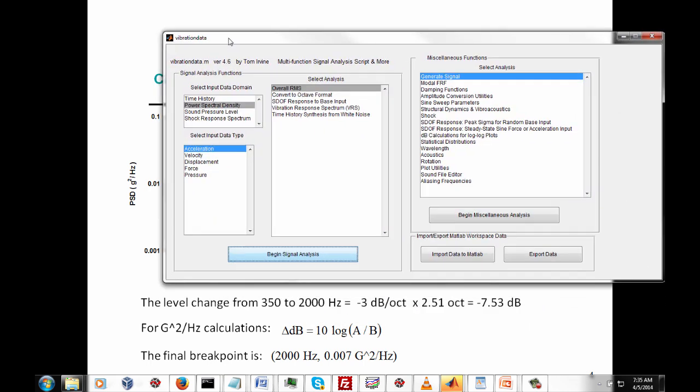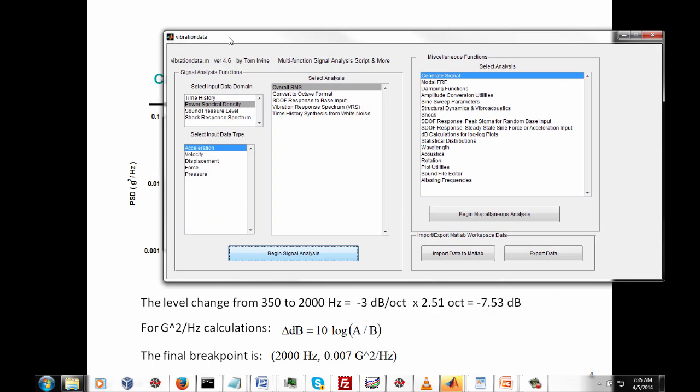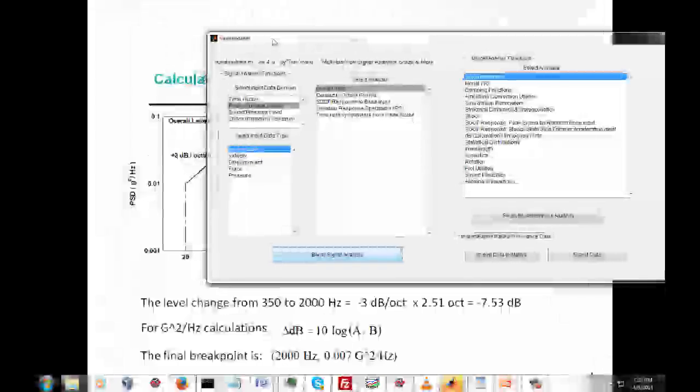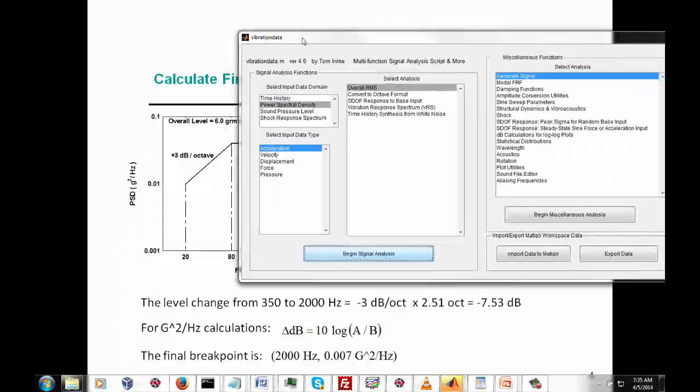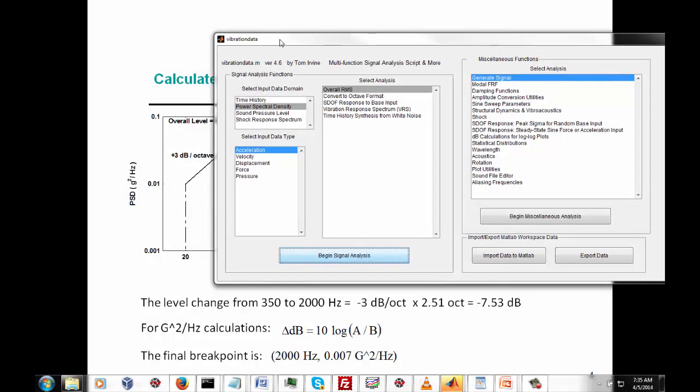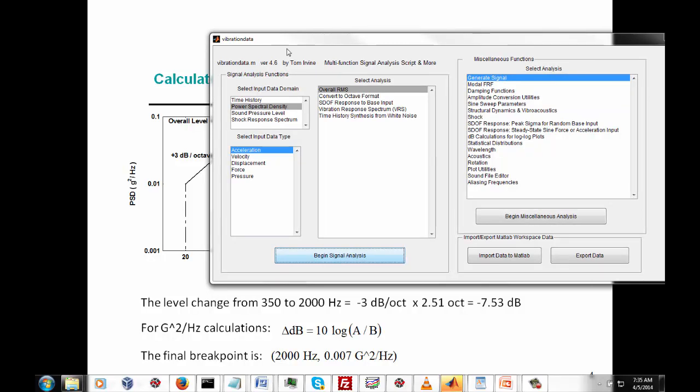And actually, I want to back up a little bit. I want to show you one other thing we can do within the vibration data software. If you ever need to do some breakpoint calculations where we have slopes and points, we can go to the option under miscellaneous, dB calculations for log-log plots.